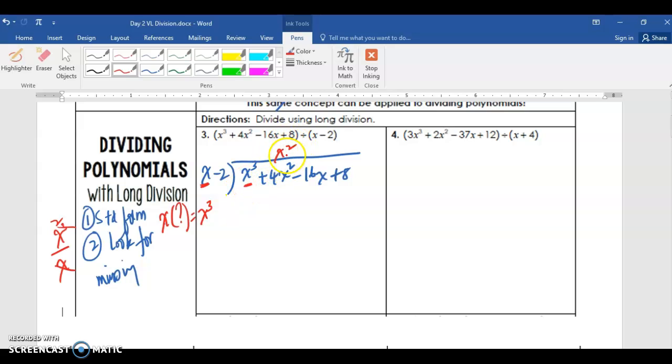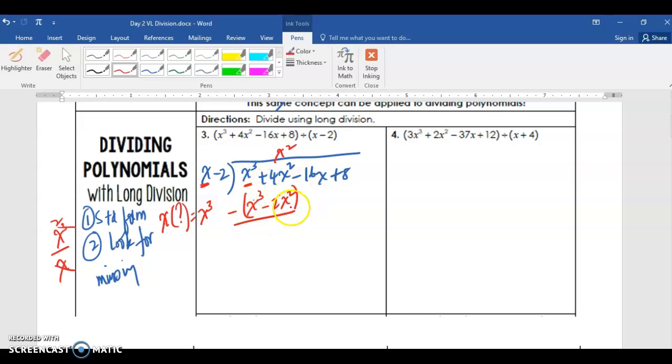So you want to multiply x squared with both of these terms and write them out here. So x squared times x is x cubed, and x squared times negative 2 is negative 2x squared. And you subtract this from the dividend, for the first 2 terms of the dividend.